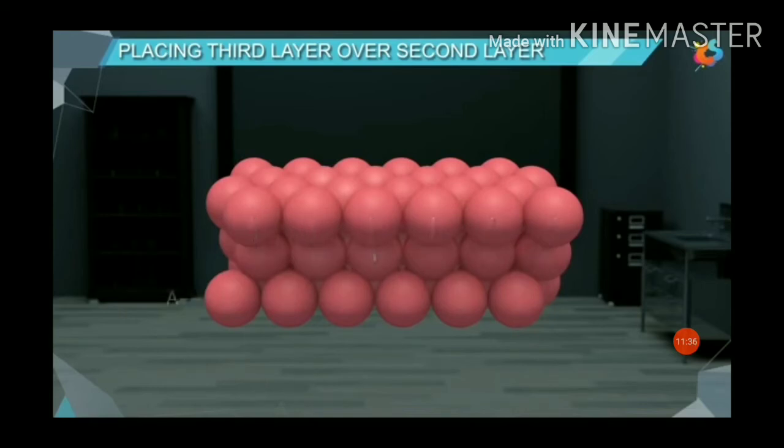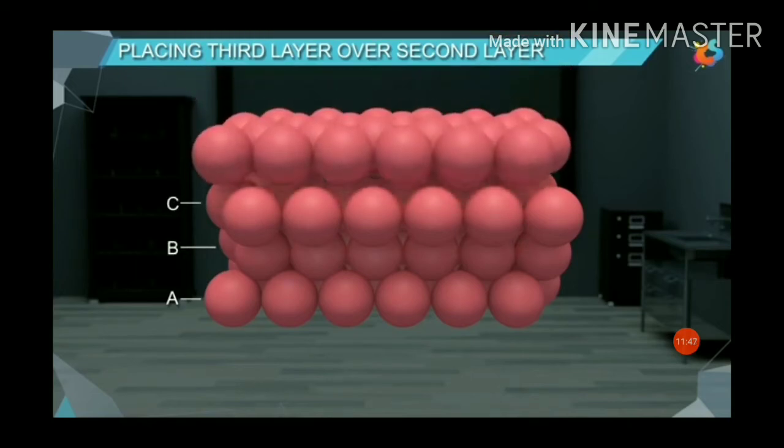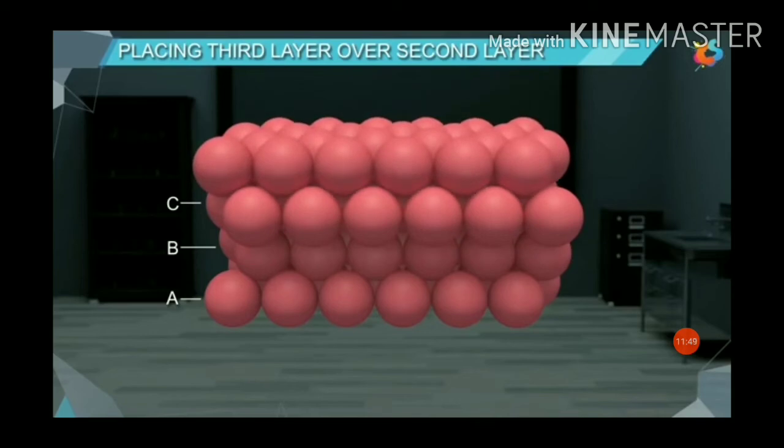Only when the fourth layer is placed are its spheres similar to those of the first layer, so this is taken as A. So this type of arrangement is known as ABC type packing. Hence, this structure is called cubic close packing or CCP or face-centered cubic structure. Metals such as copper and silver crystallize in this structure.